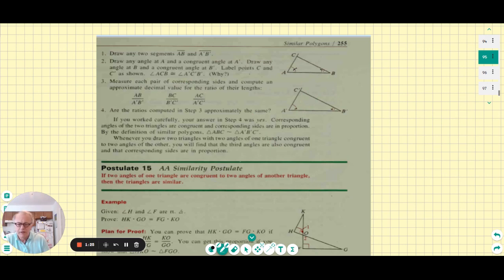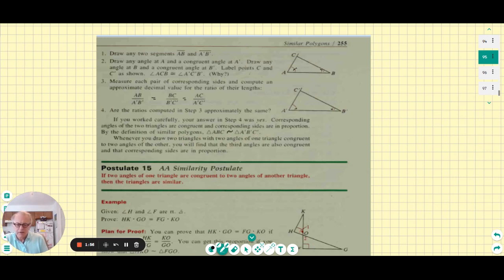If we were to measure these sides and figure out an approximate decimal value, we would find that these ratios were all the same. So when corresponding angles of the two triangles are congruent and corresponding sides are in proportion, then by the definition of similar polygons, ABC is similar to A prime, B prime, C prime.